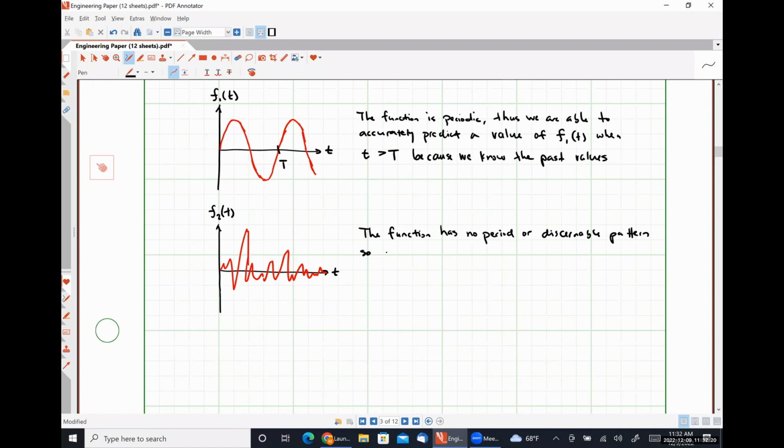So instantaneous values of F2 of t cannot be predicted from past values of the signal.